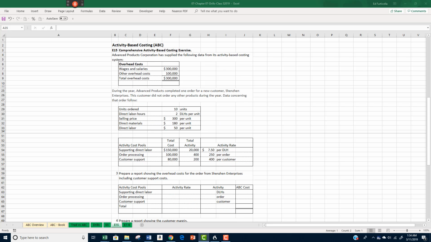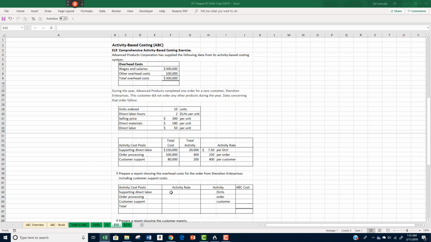All right, now we're on requirement 3, which says prepare a report showing the overhead costs for the order from Shenzhen Enterprises, including customer support costs. At this point, what we're doing is we're assigning our overhead cost to the cost object, and the cost object is Shenzhen Enterprises.